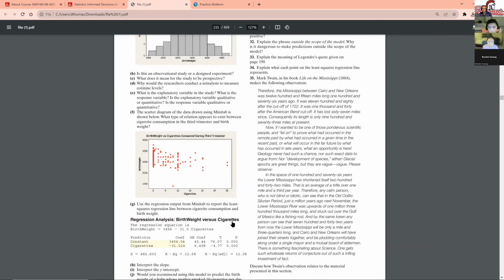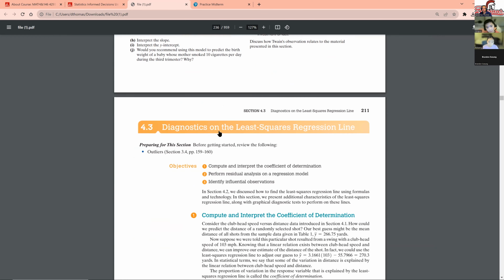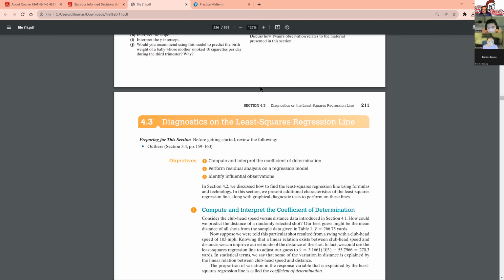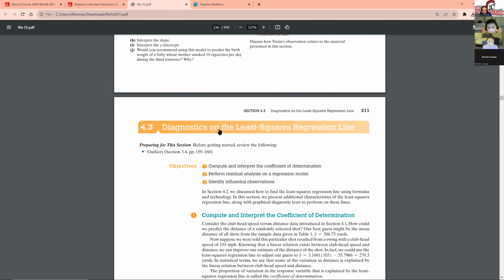So it was under the diagnostics of the least squares regression line. When you're examining the line, sometimes we have to assess it and figure out if it is a good measurement.